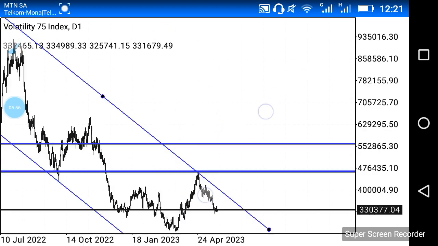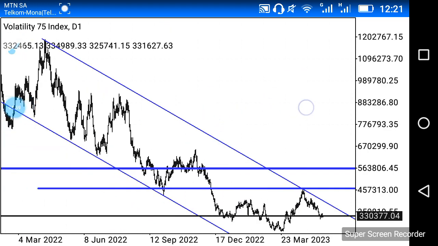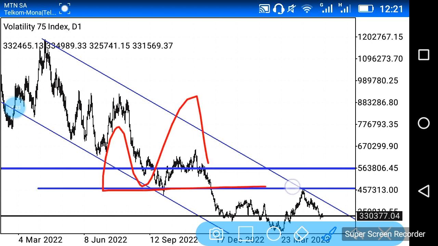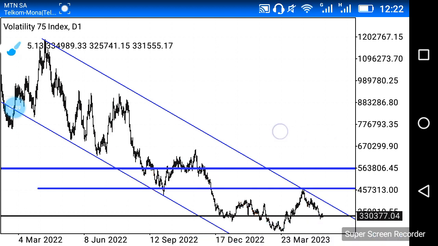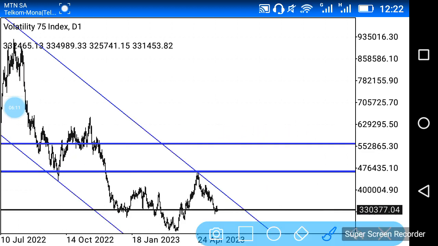Remember, we spoke about how we have this M structure here, which has a neckline at that point. Price came back to the neckline, and I said at this point is where we should have looked for those potential selling opportunities. To add to this, I also spoke about how we have potentially this inverted head and shoulders pattern, and on the weekly chart we're just waiting for at least one candlestick to close at that point.